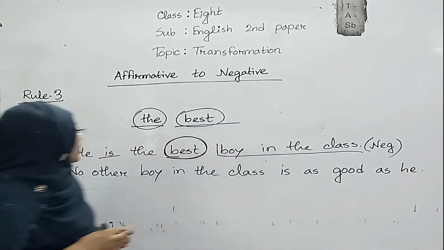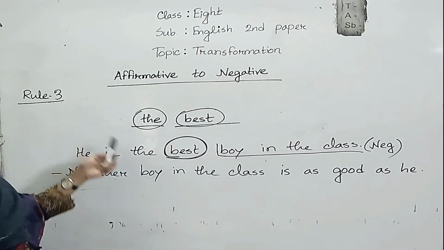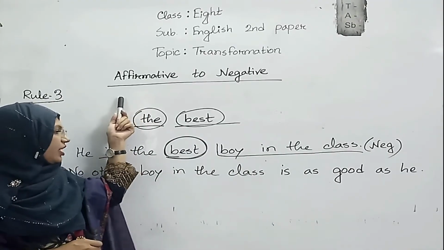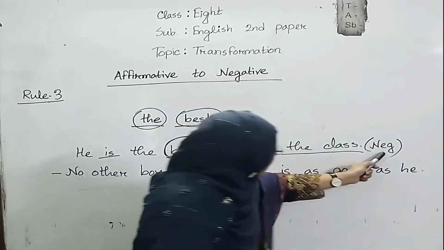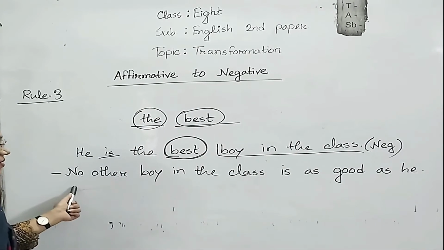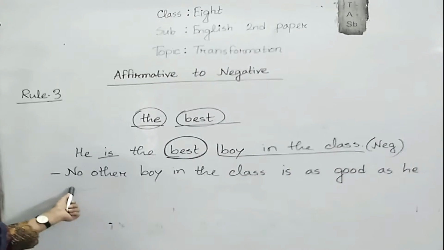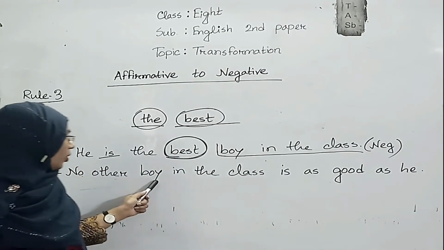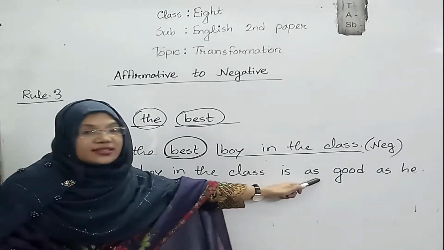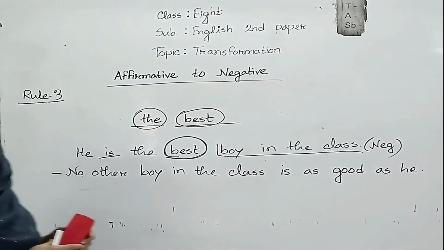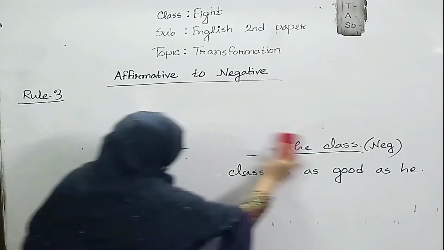That means if we get a superlative degree in an affirmative sentence and we want to make it negative, then we have to write the sentence in the positive degree. So that's the answer: No other boy in the class is as good as he. Isn't it so easy, dear students?